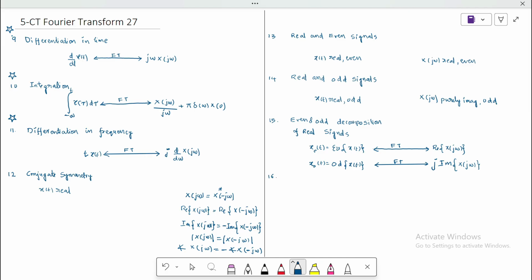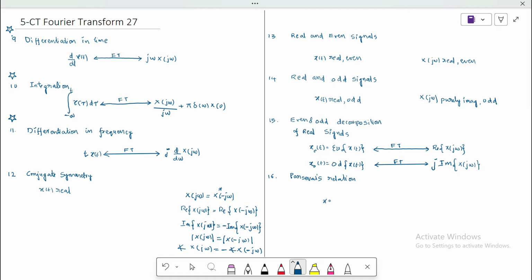The last one is Parseval's relation. It's very, very important. In the last video also, we did a problem based on Parseval's relation. This is an energy relation. How to remember it? It's a simple thing.